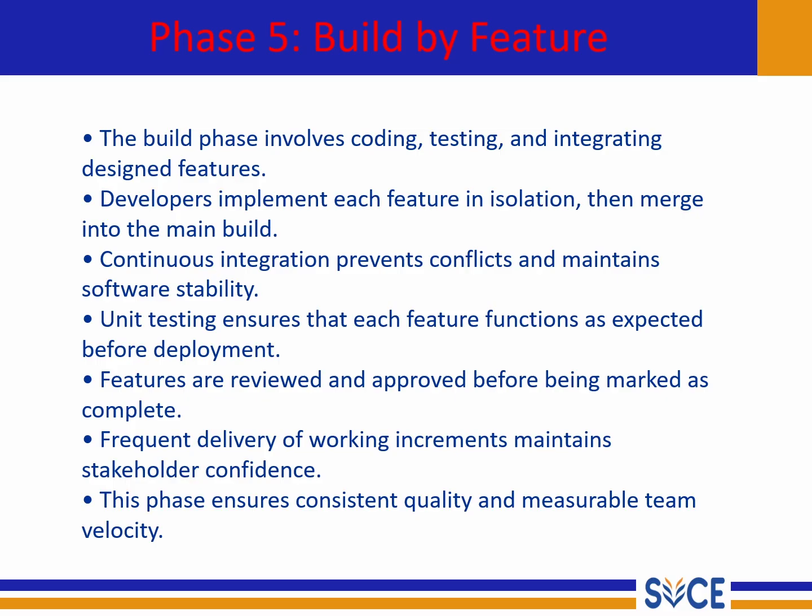To maintain software stability, FDD uses a practice called continuous integration. This means that as each feature is completed, it's regularly merged and tested with the rest of the system. By doing this continuously, the team prevents integration issues and keeps the software stable throughout the development.